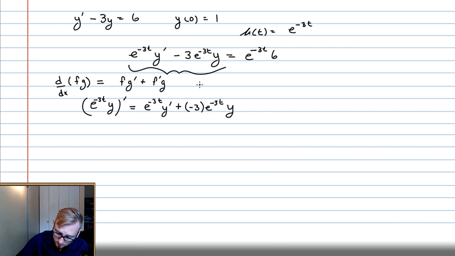If you notice, they are the exact same, which means we can write this first differential equation as the derivative of e to the negative 3t times y equals, and I'm just going to write this down again, 6 times e to the negative 3t. And I'll write it a little nicer.